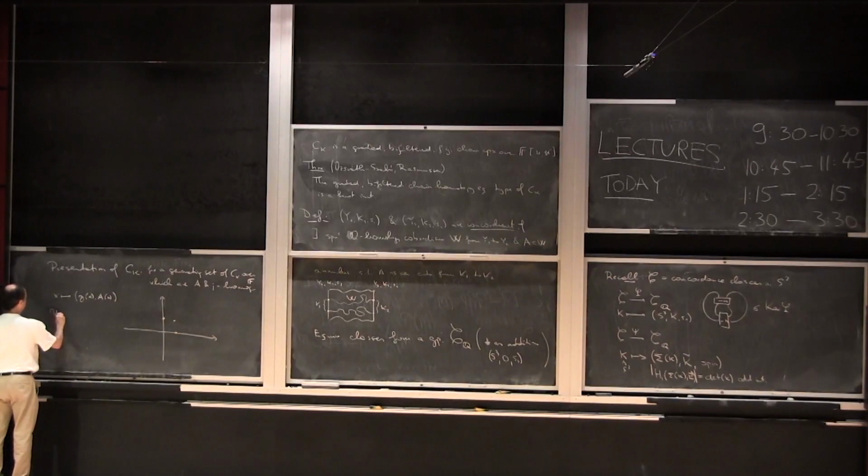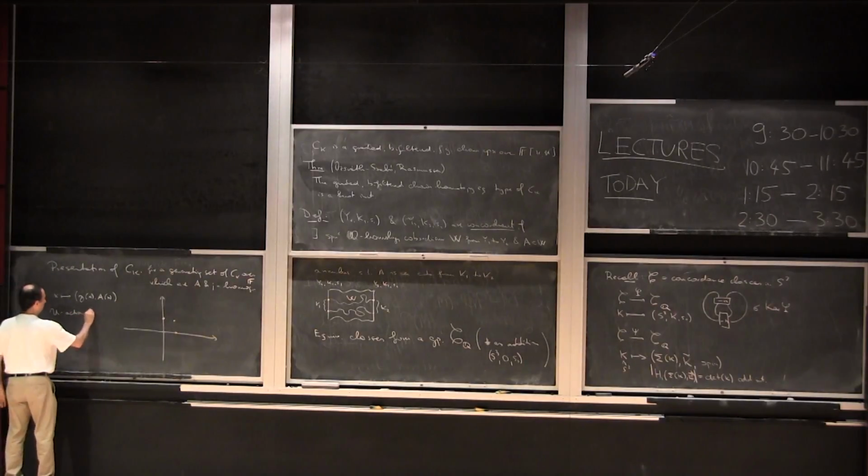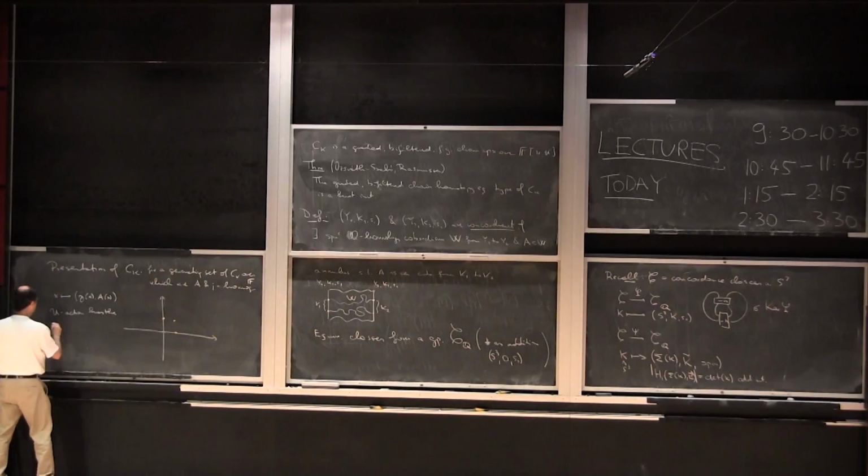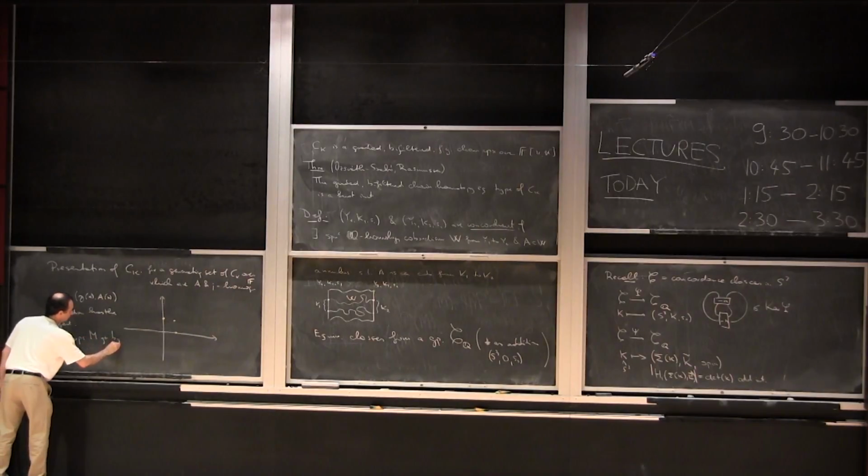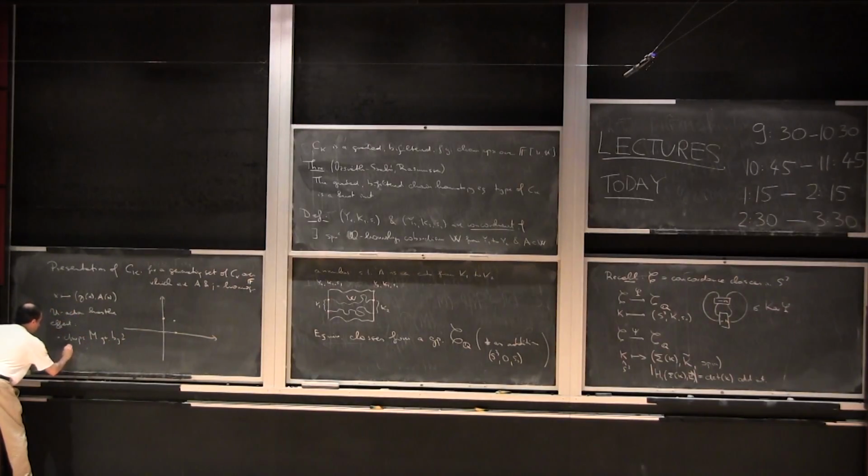And of course, I didn't tell you how the multiplication with U action has the following effect. It drops the Maslov grading by 2, drops A by 1, and of course it drops J by 1.